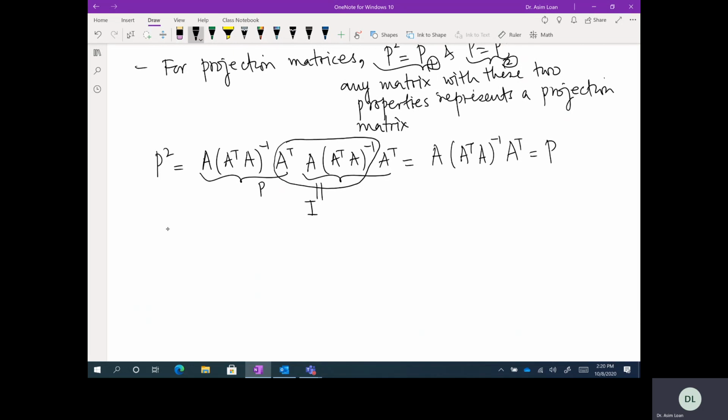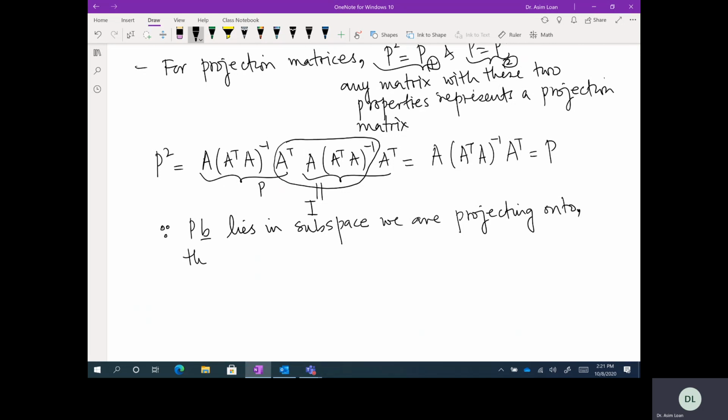And we have already seen this before, but let me reiterate. PB lies in the column space, the subspace we are projecting onto, which is the column space.